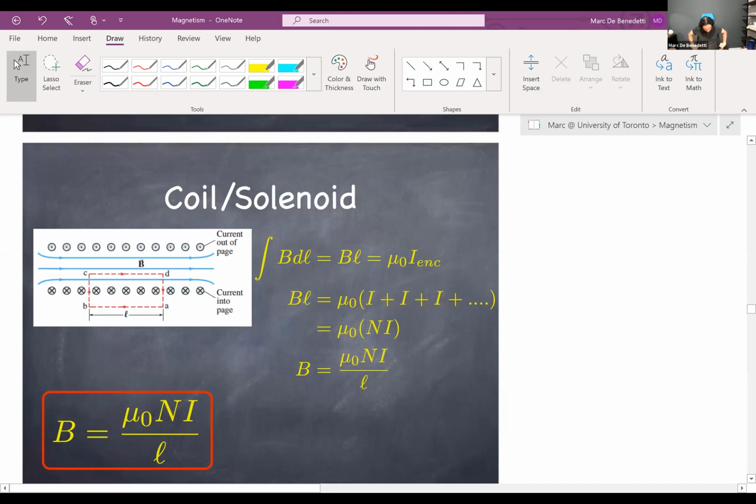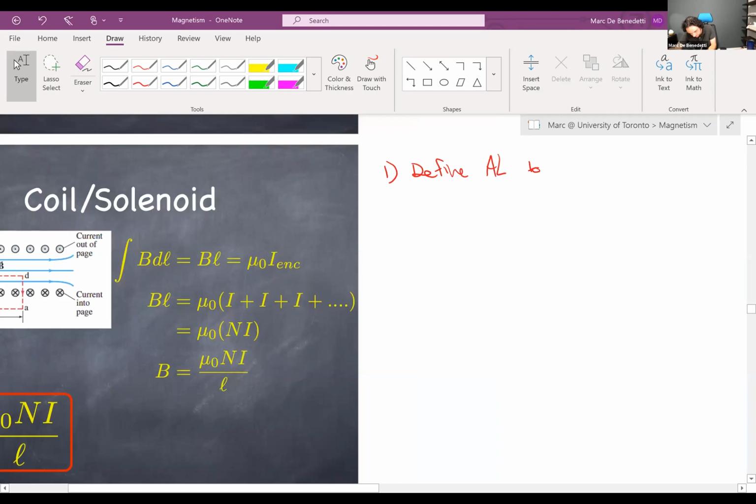Here, our task for Ampere's law is to first, step one, define an Amperian loop to satisfy the three assumptions.